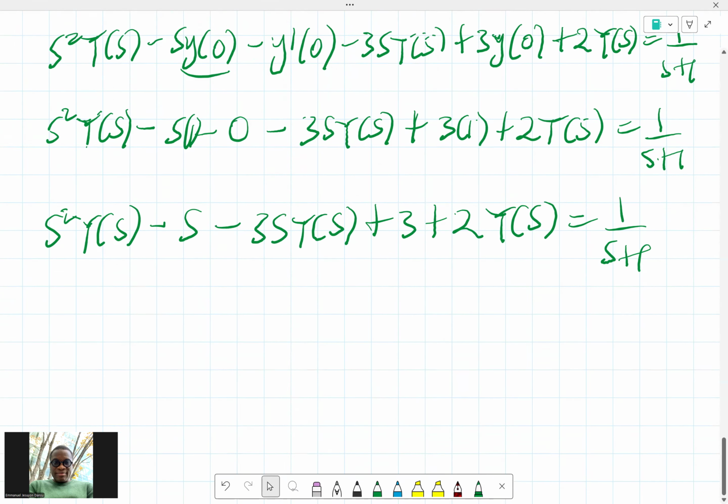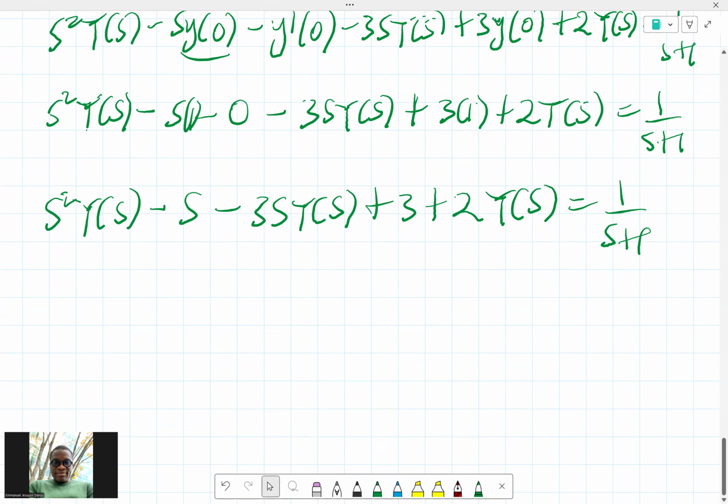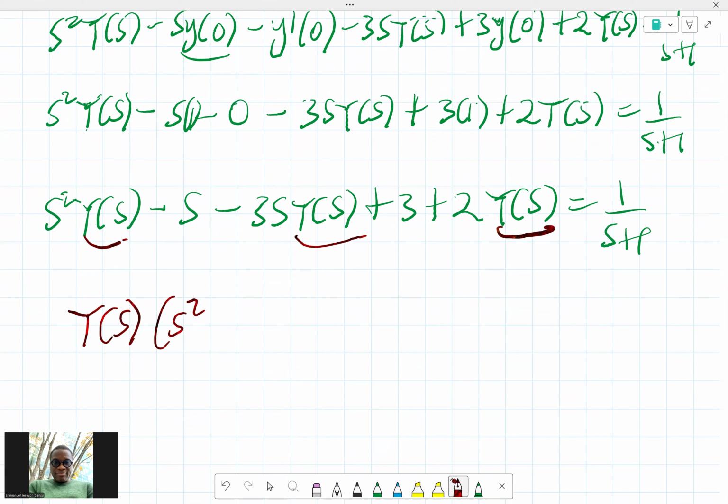So at this point, we can put all the y's together. So we see that y of s into s squared minus 3s plus 2, and that will be equal to 1 over s plus 1. Then minus s here goes to the other side to become plus s.